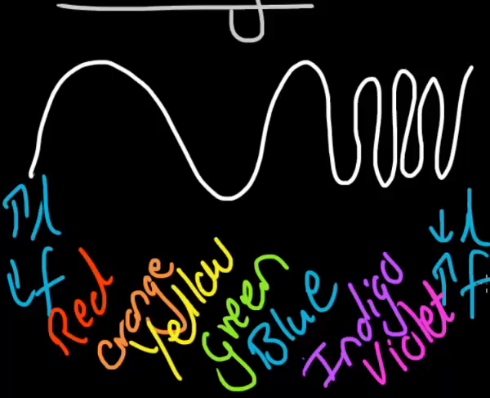So the colors of light that have the highest frequency are those closer to the end of my visible spectrum, the blue, the indigo and the violet. You need to know the order of these lights in your spectrum because many of your questions, which you'll see a bit later on, assume that you know this and know which one has the higher energy.